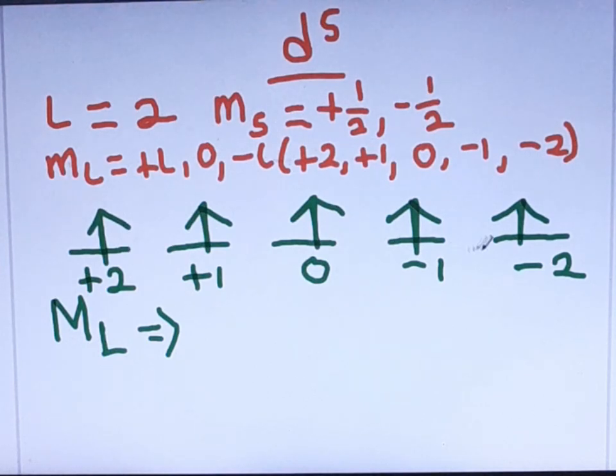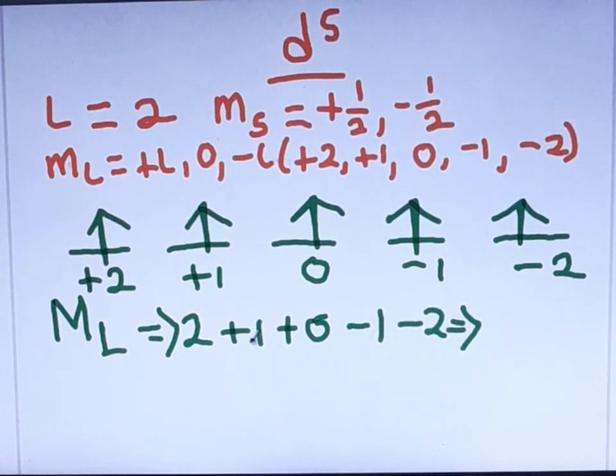Since all the orbitals contain electrons, we have to add their magnetic quantum numbers together. And each orbital contains only 1 electron. So we have 2 plus 1, 0, negative 1, negative 2. So this 3 minus 1 minus 2, we have 0.